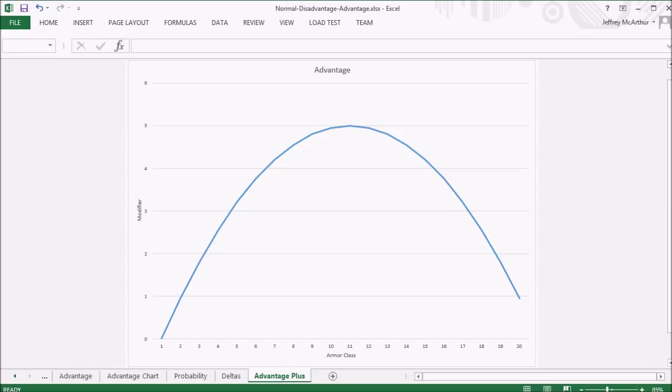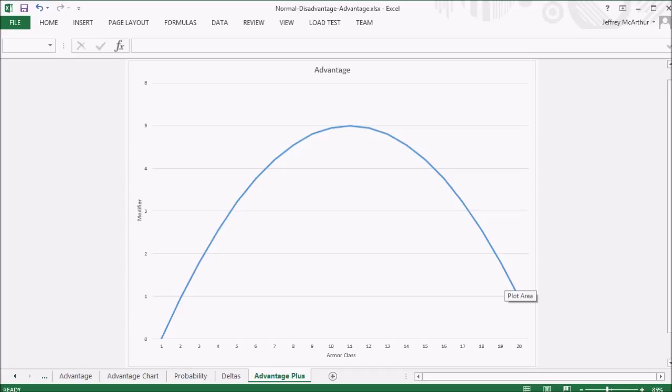Because if your armor class is 19, it's less than plus or minus 2. So that is kind of unusual.